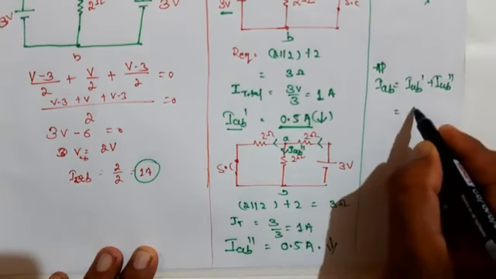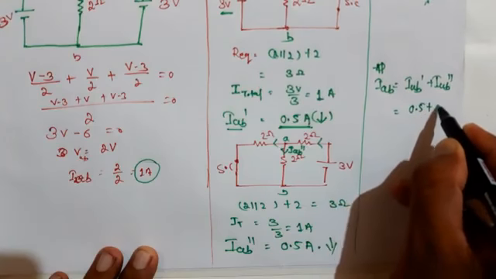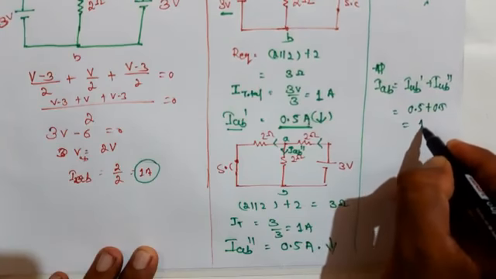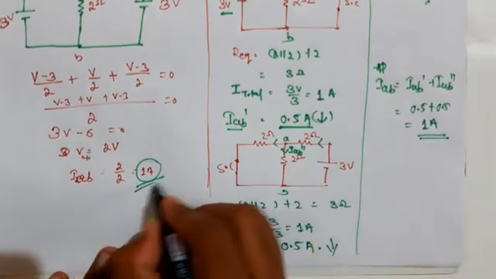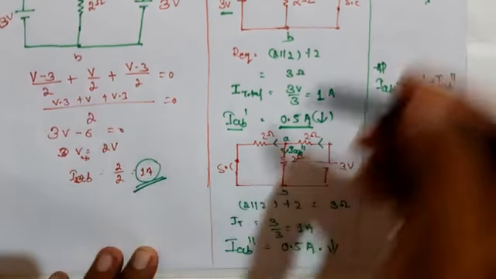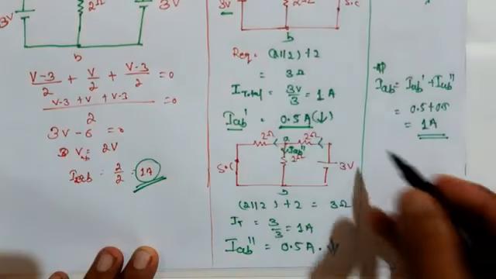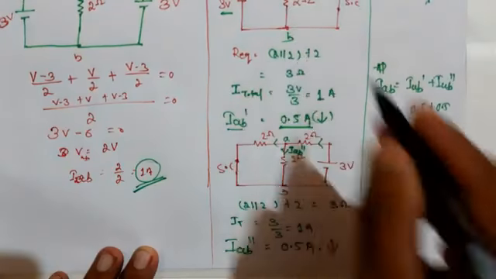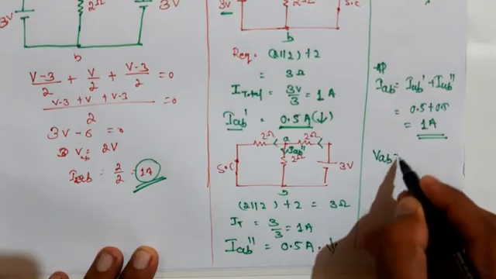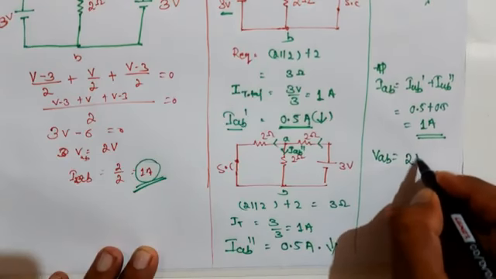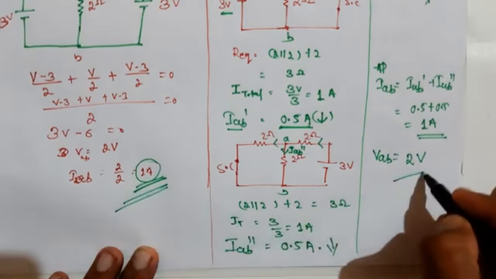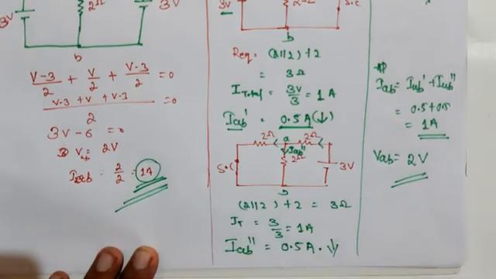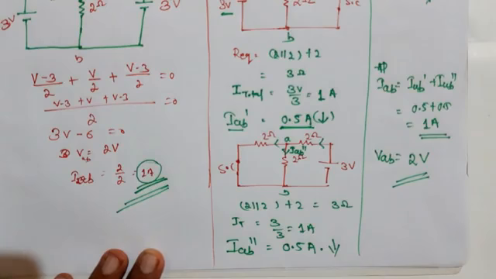Here 0.5 plus 0.5 is 1 ampere. The superposition theorem is proved. If you want to find the voltage, then this 1 ampere multiplied by 2, so VAB is equal to 2 volt. Fine, the superposition theorem is proved.